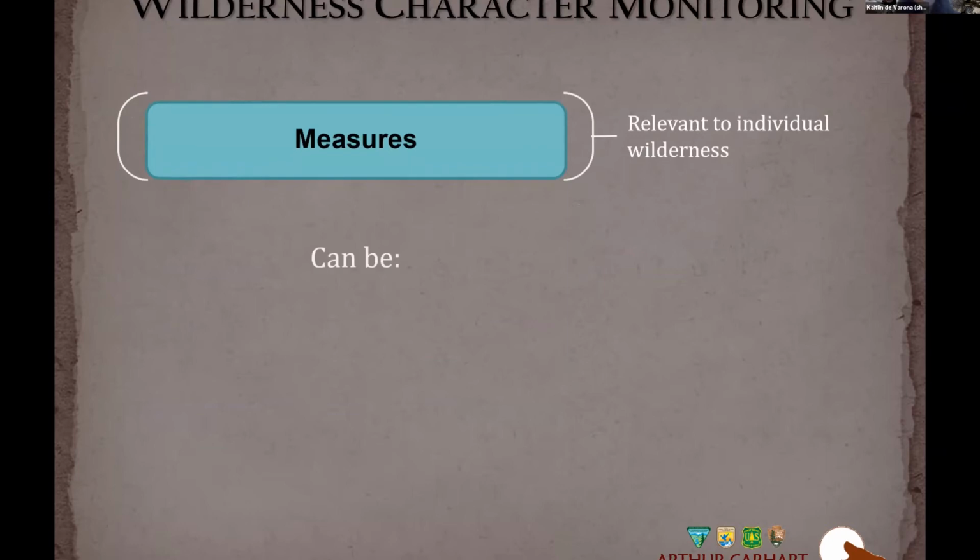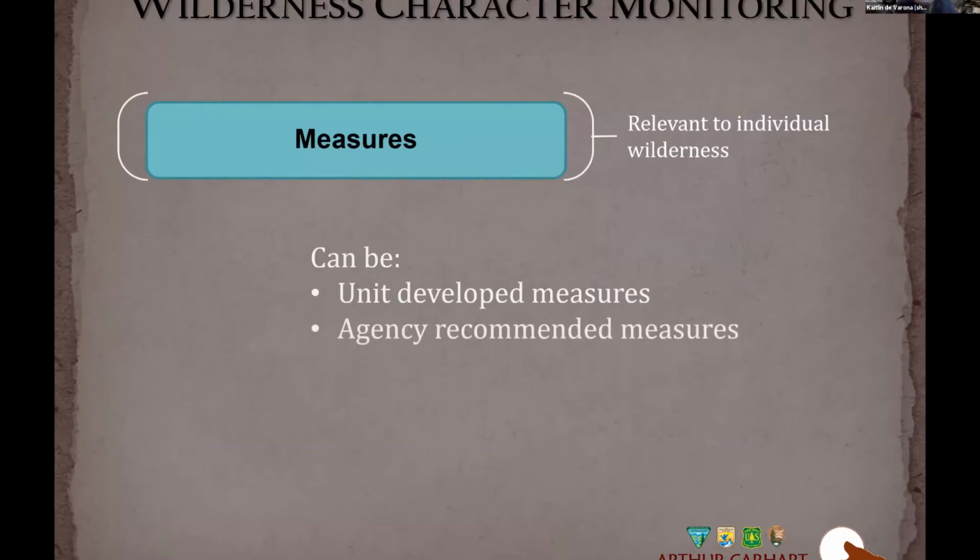The local part is that each wilderness and agency gets to select their own measures based on how the agency decided to approach measures. Some of those measures could be a unit developed measure: this is really specific to our wilderness, we have this data, it's informing our wilderness character, so we want to incorporate it. Some agencies do have recommended measures: here's a list, and these are the ones we're saying you should pick from.